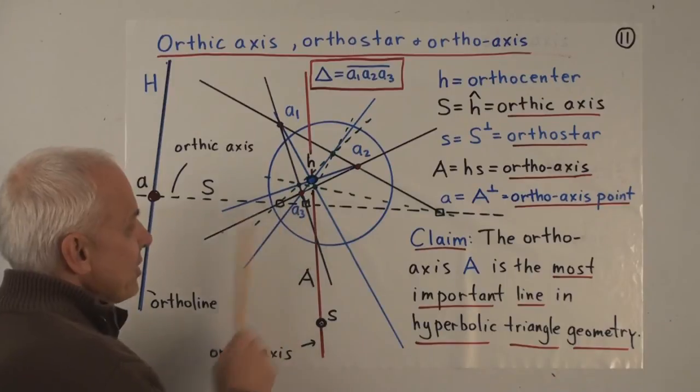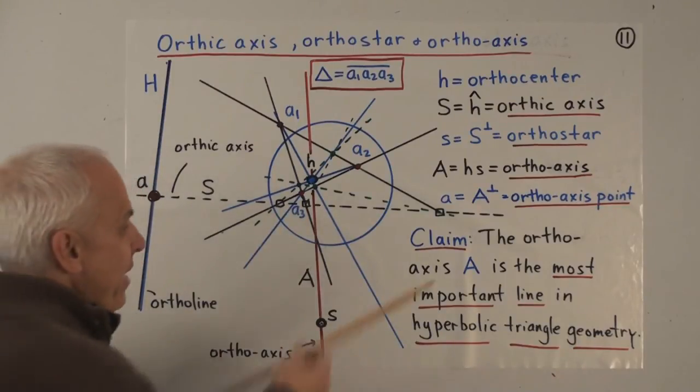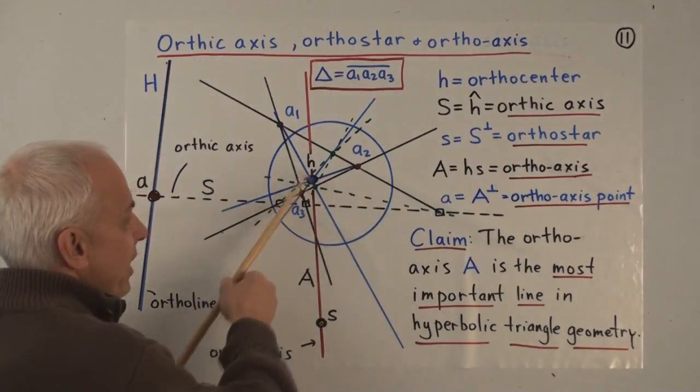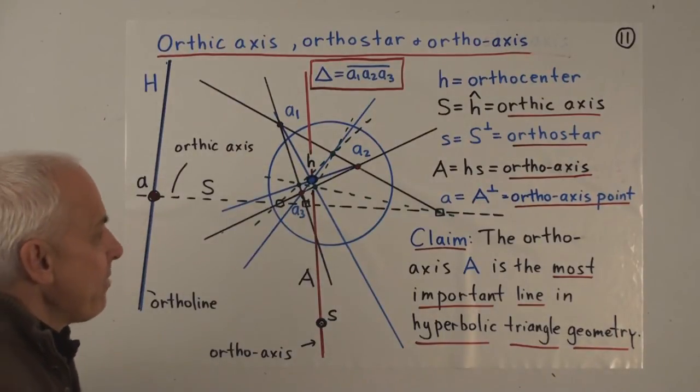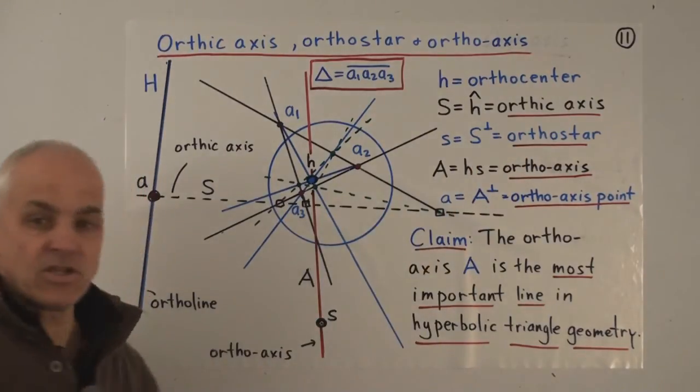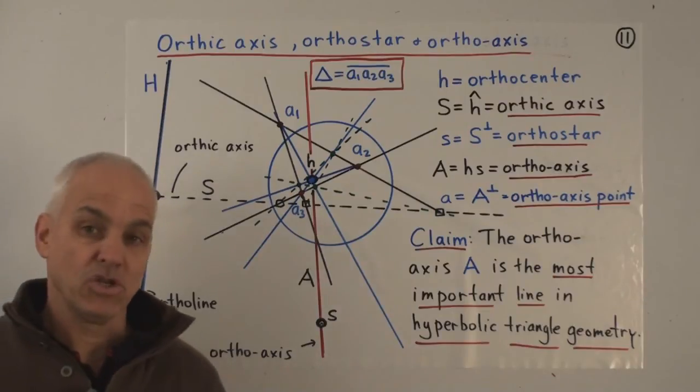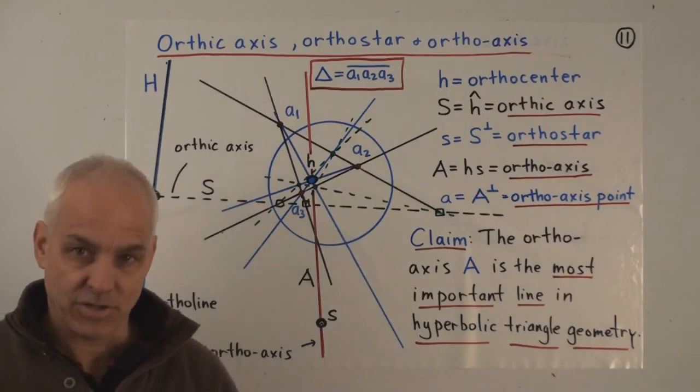Then these three points are collinear by Desargues' theorem, and that's the polar of the point H. We're going to call that polar the orthic axis. That's standard terminology in Euclidean geometry, where this is a standard construction.